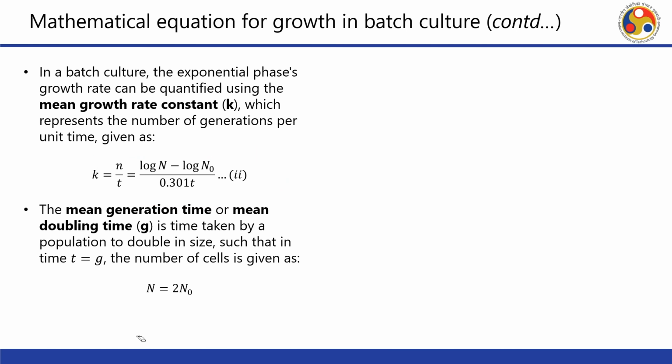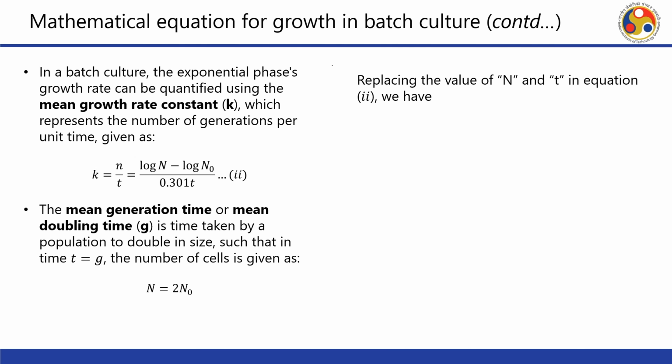The mean generation time or mean doubling time g is the time taken by the population to double in size, such that in time t equal to g, the number of cells will be twice the number of the initial population. So, using this we can calculate the values.